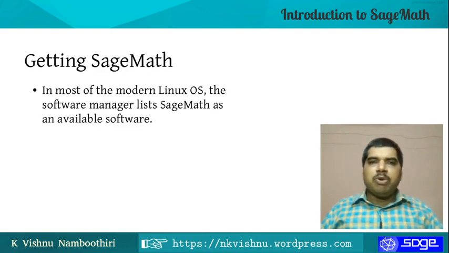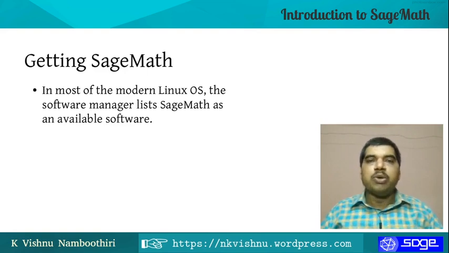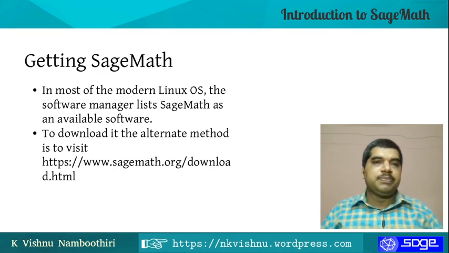In most modern Linux operating systems, if you are not interested in going through the command line, you can go to the software manager and search for SageMath. You just select it and click on the install button and it will be done within a few minutes, depending upon your bandwidth.